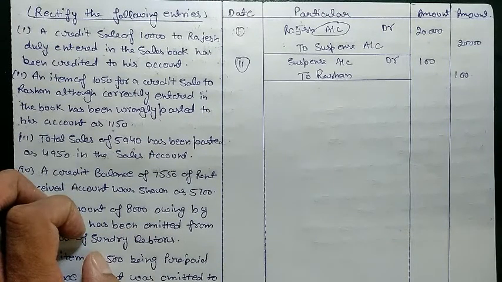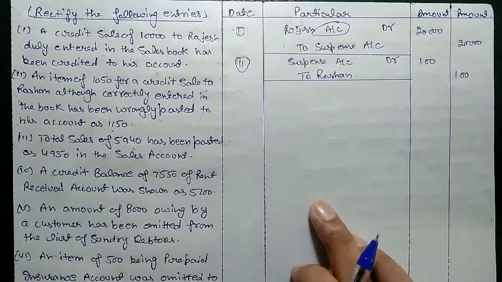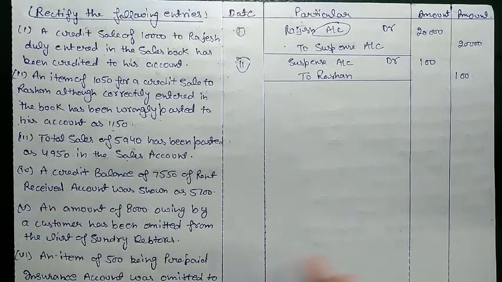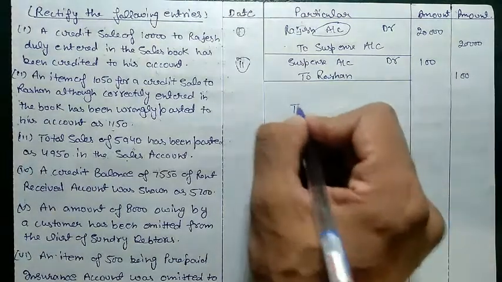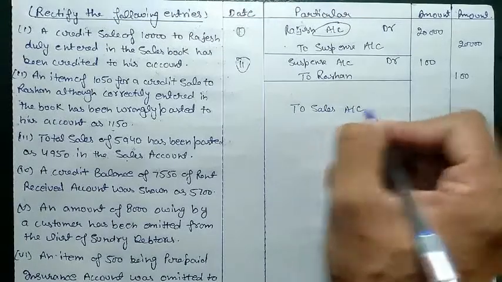We need to post 5940 in sales account, but we posted only 4950. So we will post the remaining amount in the sales account. In the sales account, as we know, sales have a credit balance, so we will credit the sales account by 990.